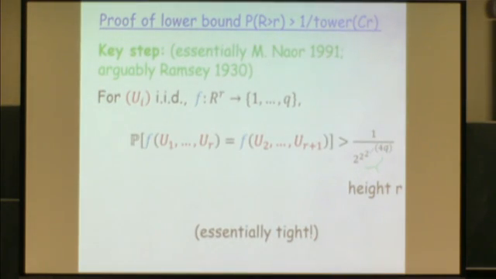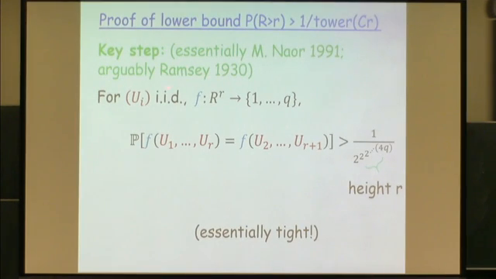Okay. So finally, the 4th claim of the theorem. What about the lower bound? Why can you not do better than a tower function? This essentially comes down to Ramsey theory.